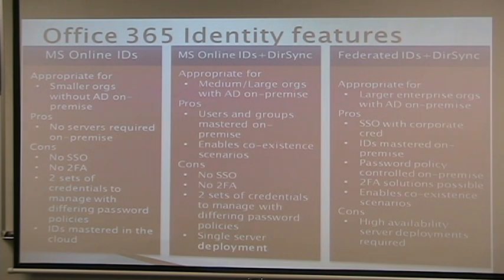Options 1 and 3 are what most categories of people are going to fit into. 2 is kind of, you can do it, but there's not a whole lot of advantages to it for having on-premise equipment. Actually, John, you're wrong on that one. In order to do a lot of the coexistence options like uniform GALs and such, you're going to have to at least have the second package with a directory synchronization server.